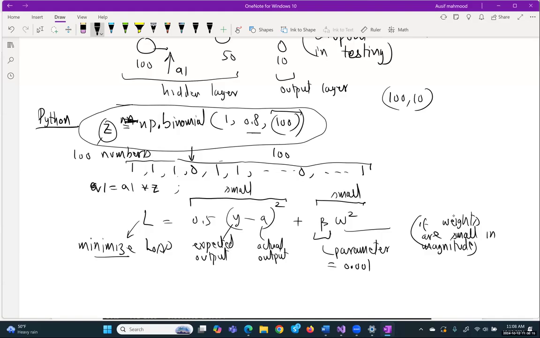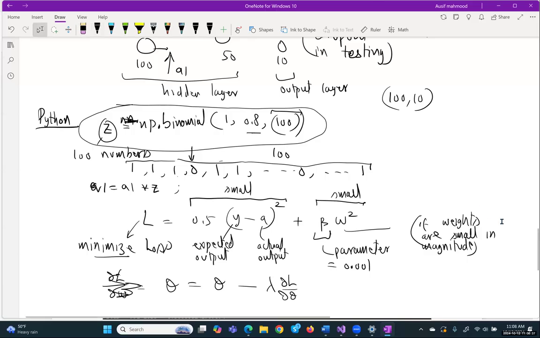Okay, so now theta equals theta minus the learning rate times partial L over partial theta, right?